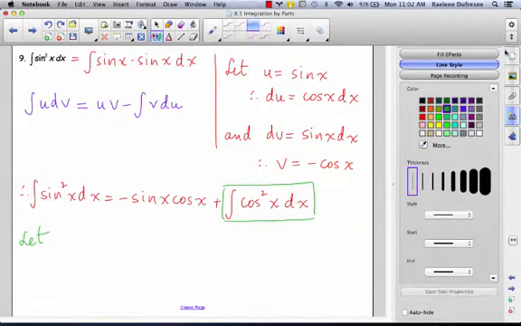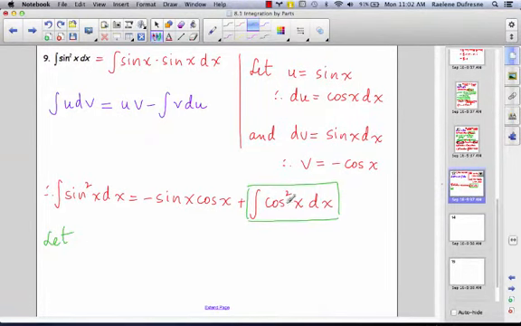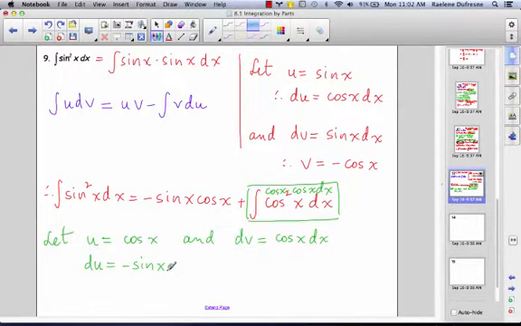So that in my green integral we have, remember this is cosine x times cosine x times dx, let u equal cosine x and dv equal cosine x dx. Again, there's not a second option because cosine x and cosine x are the same when we switch them. So we get that du is equal to negative sine x dx, and v is equal to, sorry, positive sine x.